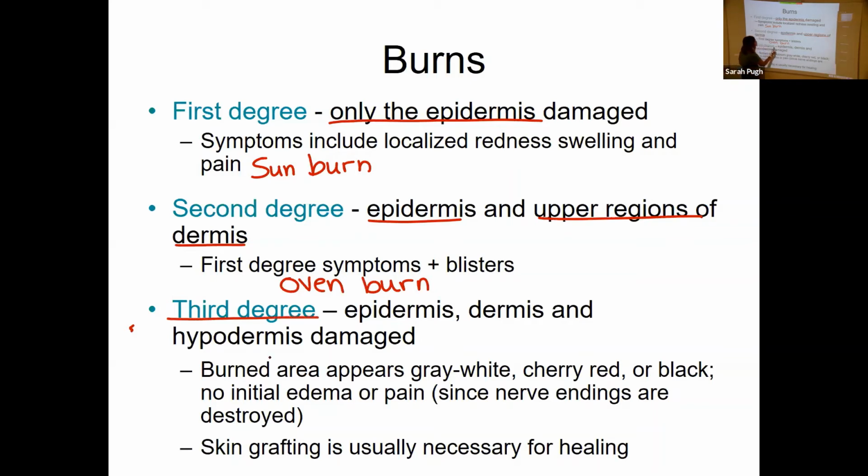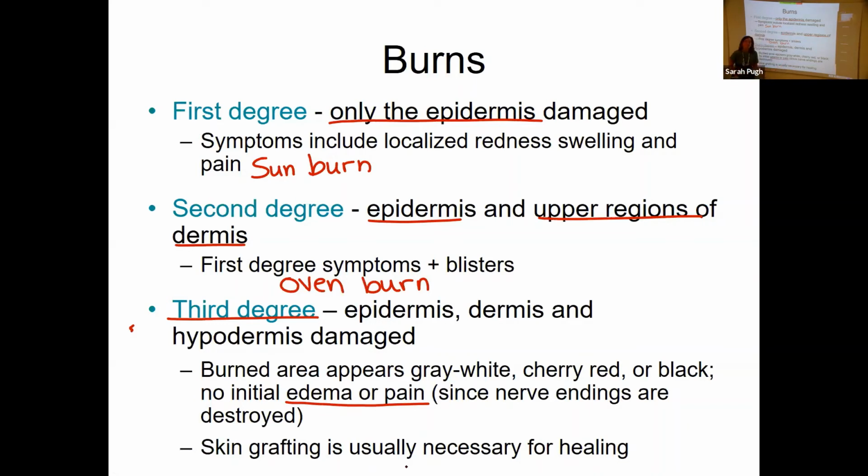And then a third degree burn, this is where you damaged all 3 layers of your skin. A lot of times with a third degree burn, it'll look different. It just depends on the person. Sometimes it is bright red. Sometimes it's sort of charred looking, black. Sometimes it's white in color. But initially, there is no swelling or pain.